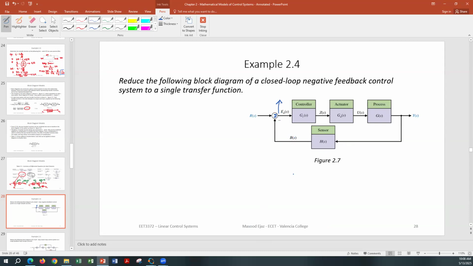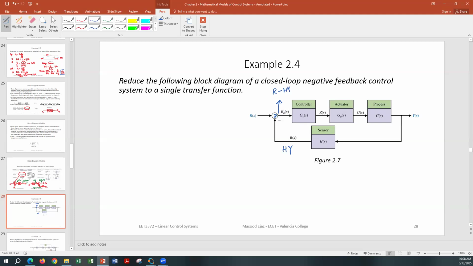Sensor has transfer function H(s), so B(s) is simply H(s) times Y(s). So the signal coming out of your summing amplifier is simply R minus HY. And again, everything is a function of Laplace domain s. I'm not showing that because it just takes longer.